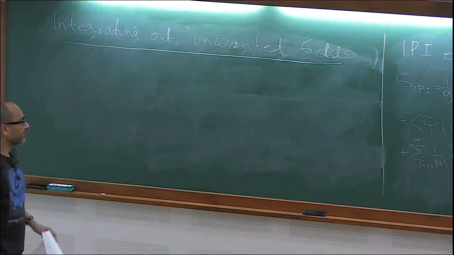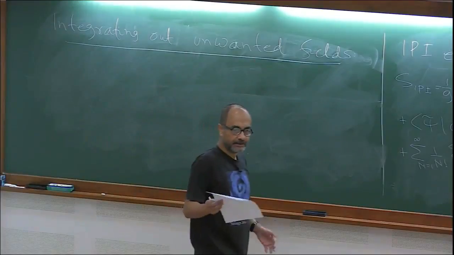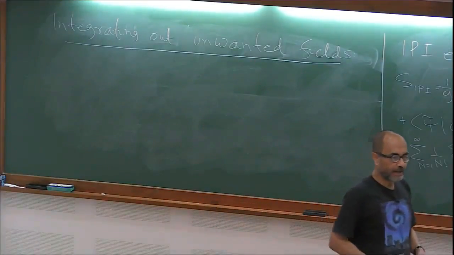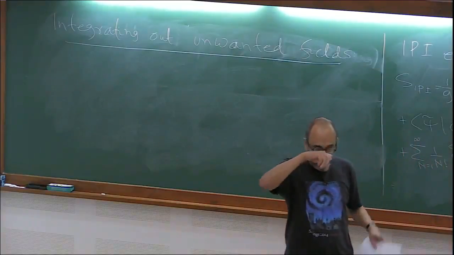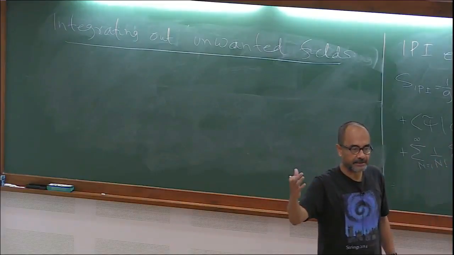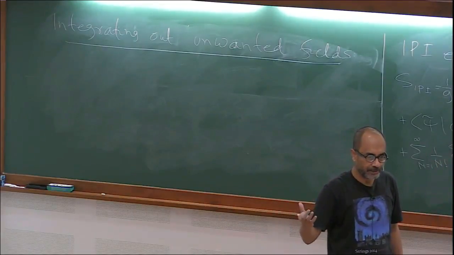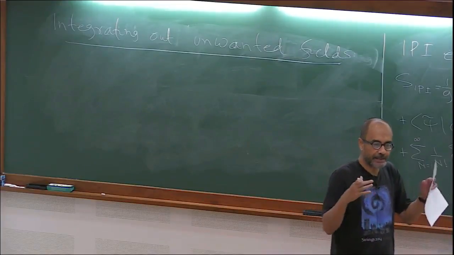In a given situation, we are interested in calculating some kind of S matrix element, which means that we have a certain set of initial states, and given a certain initial state, we can only produce a certain number of final states. The number of particles that you can produce is finite because you have a certain amount of center of mass energy.